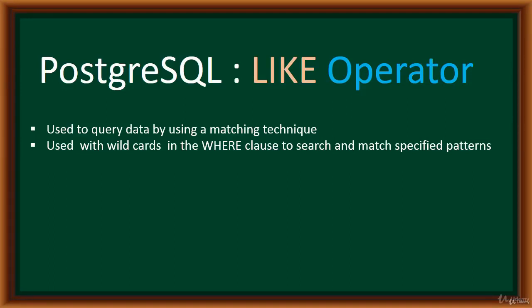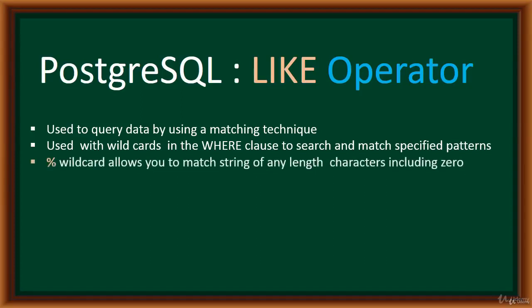It is also used in combination with wildcards, and the two common wildcards that are used with the like operator are the percent wildcard, which allows you to match a string of any length or characters including 0. So when you are using the percent in combination with the like operator, the percent sign actually represents 0, 1 or multiple characters.